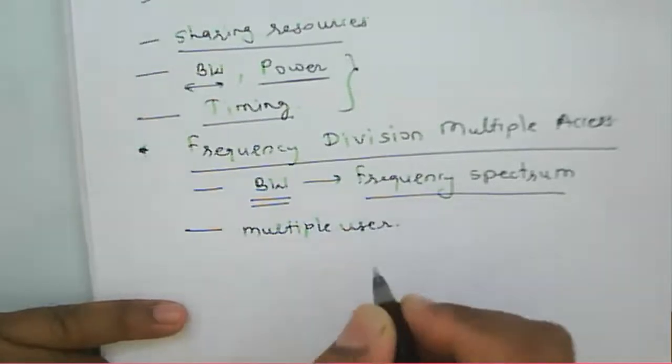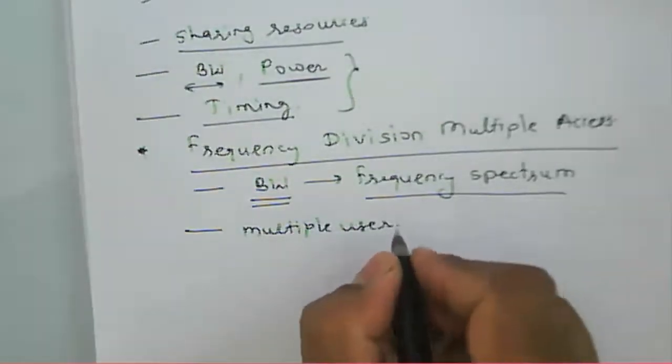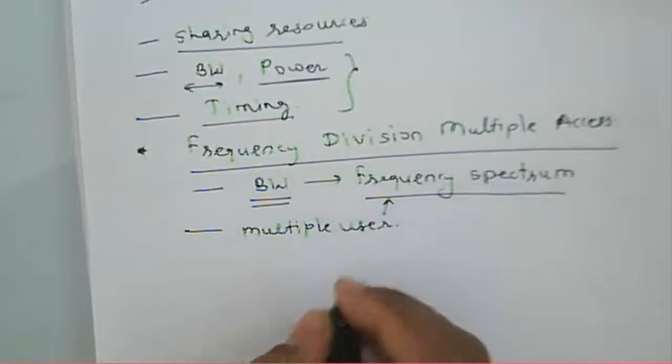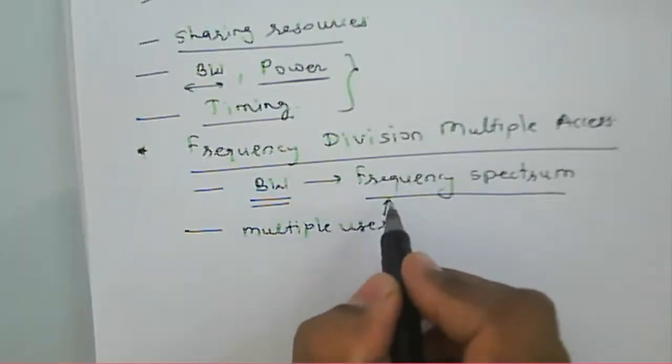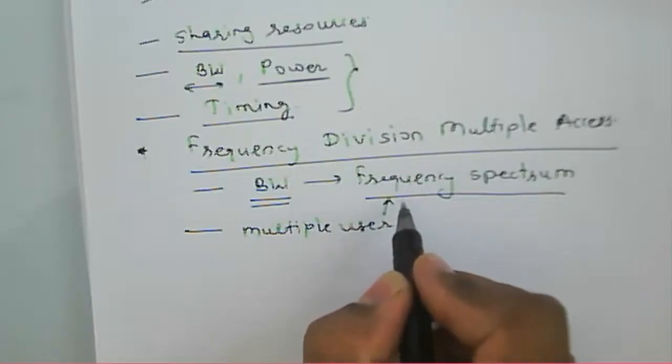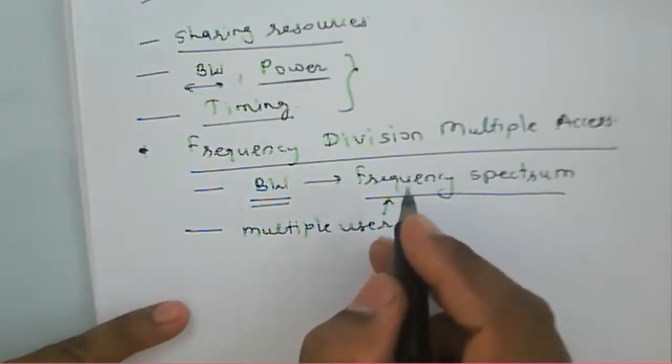This particular method is called bandwidth sharing. The spectrum is divided among multiple users, and then we can use that spectrum for multiple users.